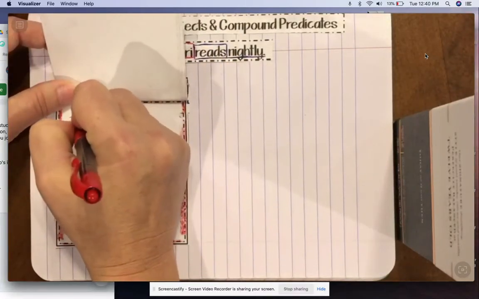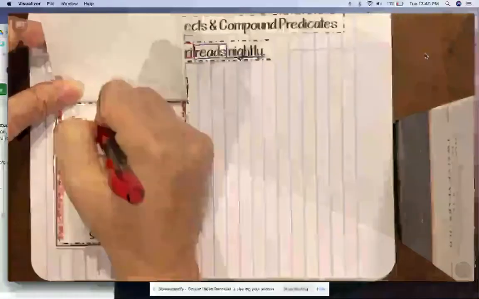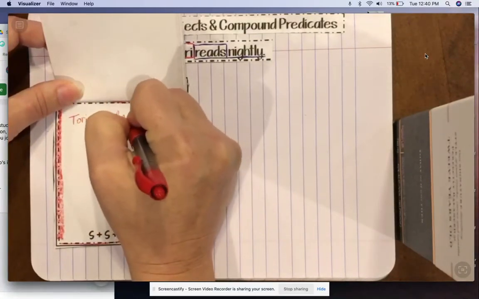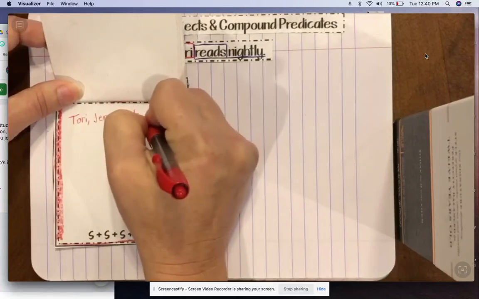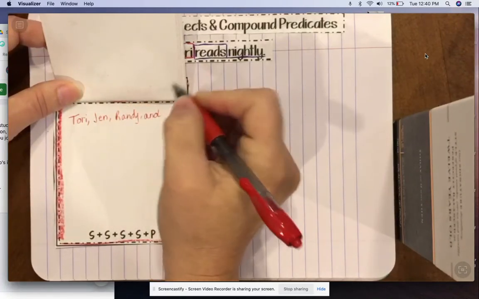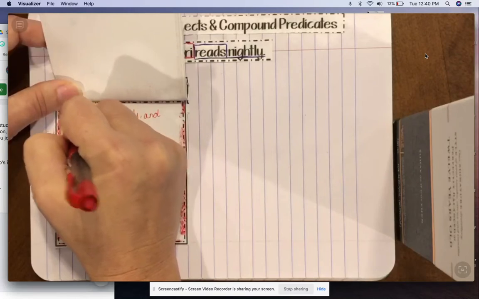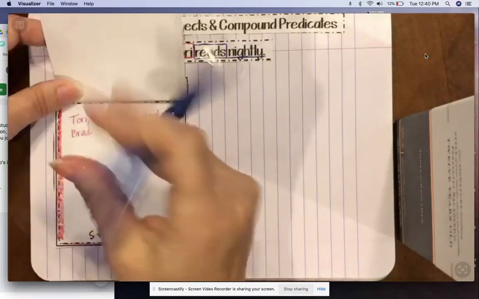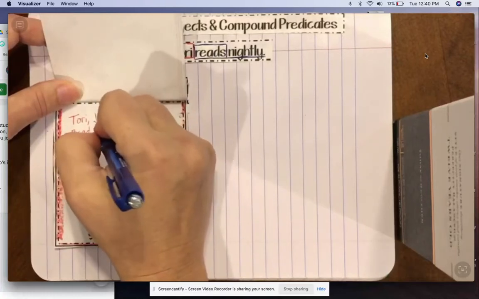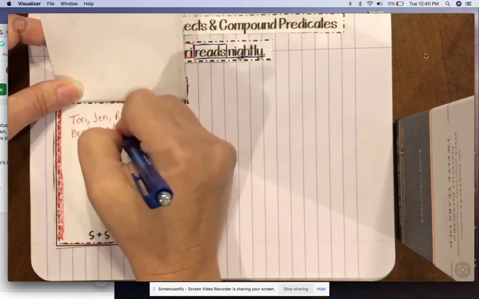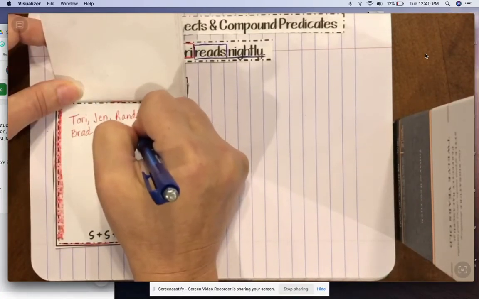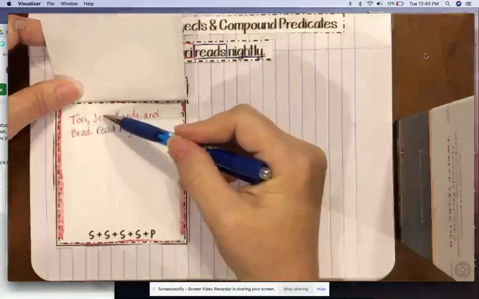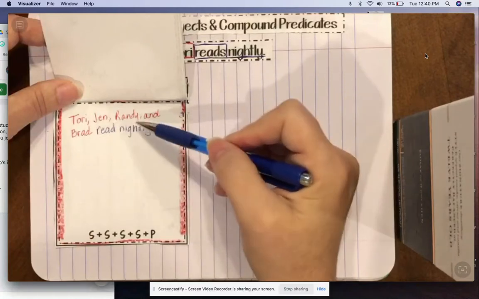I still have to use commas to separate Tori, Jen, comma, Randy, comma, and their friend's name is Brad. They read nightly. So now I have Tori, Jen, Randy, and Brad read nightly.